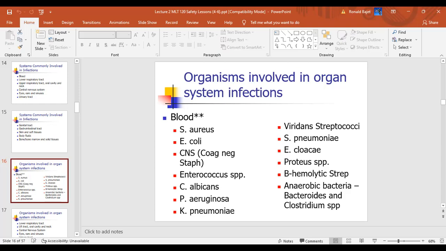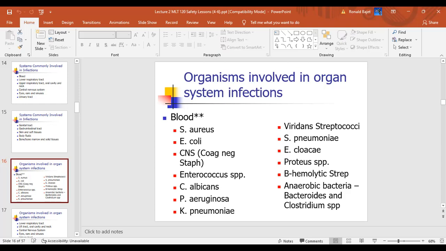It's a really easy test. Candida albicans is a yeast. Once yeast gets into your blood cultures, that's not good. Pseudomonas aeruginosa is not an Enterobacteriaceae. It's one of the aerobic gram-negative rods. And Klebsiella pneumoniae can be found in blood cultures.